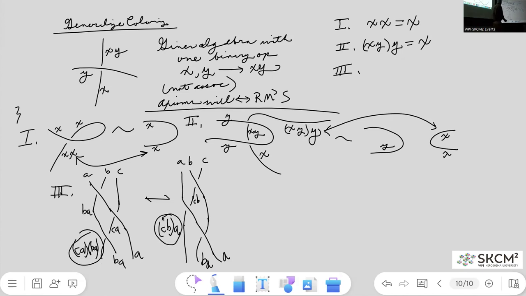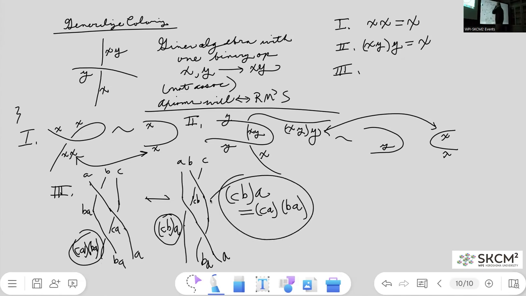And that says that CB times A should be equal to CA times BA. Now, I prefer to write things in alphabetical order from left to right.